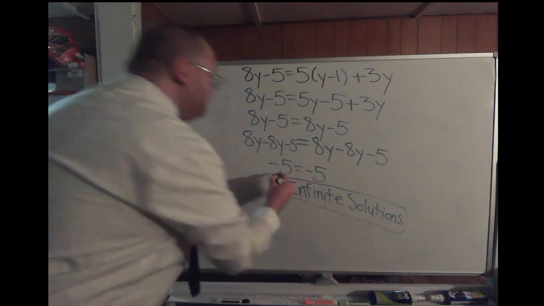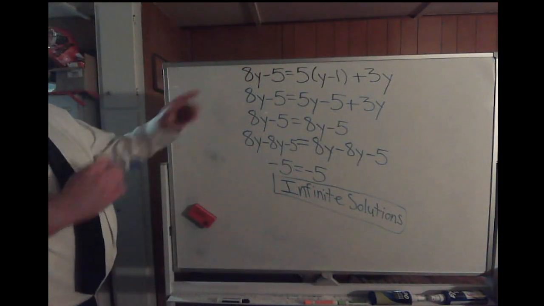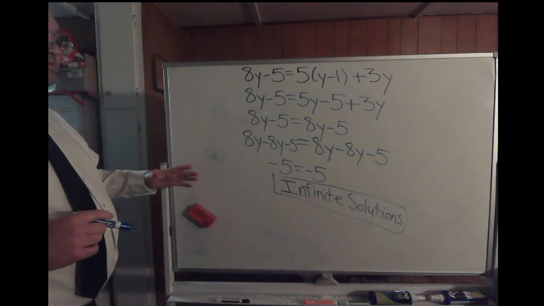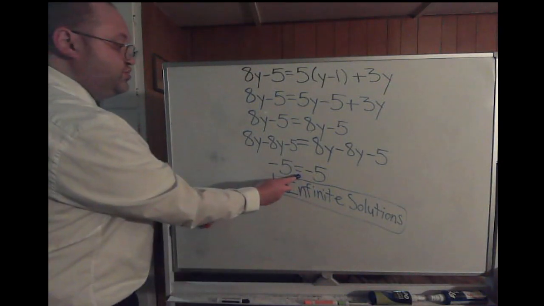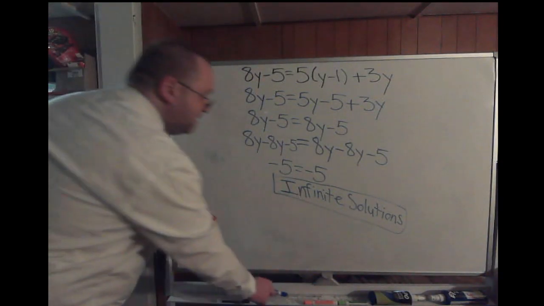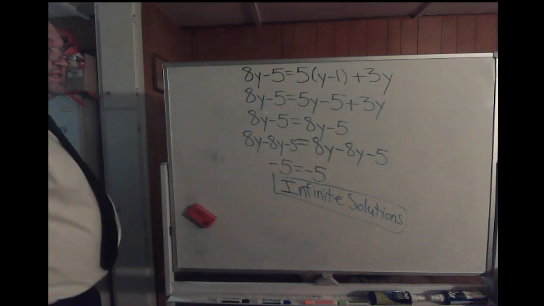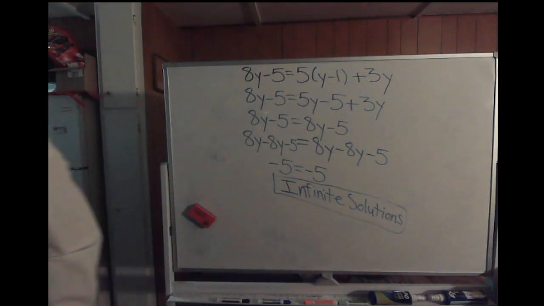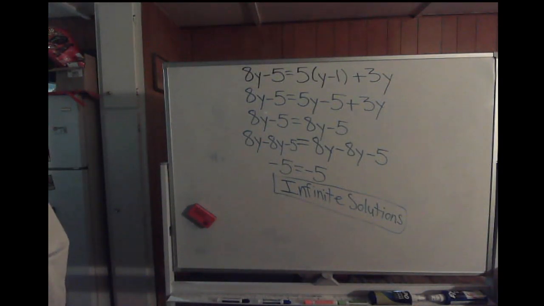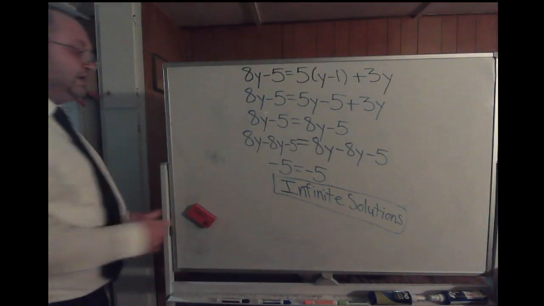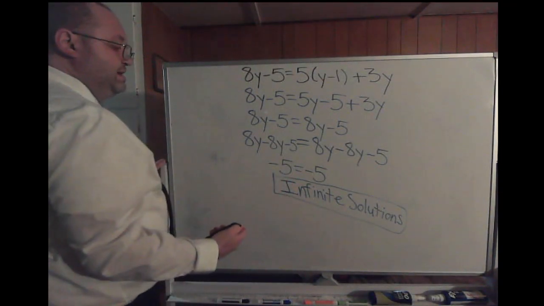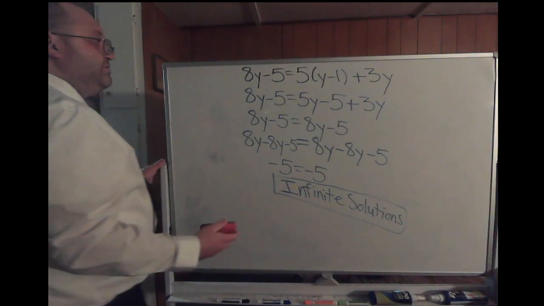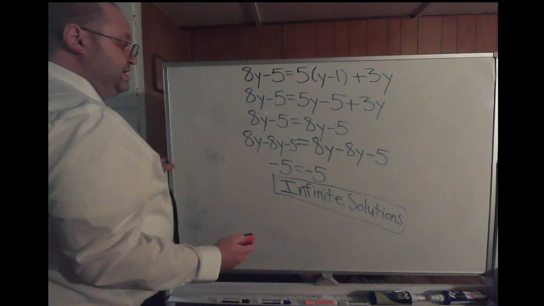You can put in any value you want for y, and the right side will always equal the left. So if you come up with a true statement, you got infinite solutions. You know, I suppose we'll do one last one like it, because I want to reiterate the point. But if you just got a true statement, there are infinite solutions.